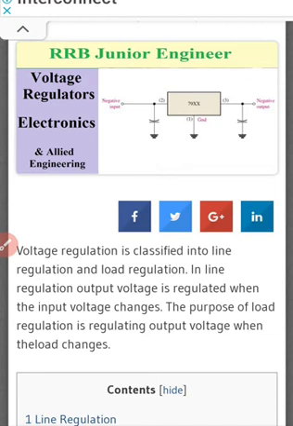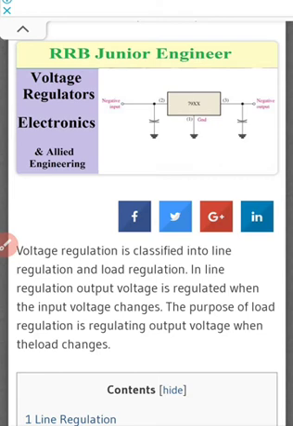Line regulation regulates the output when the input voltage changes, but the function of load regulation is slightly different. The purpose of load regulation is regulating the output when the load changes. So the term itself carries its definition.